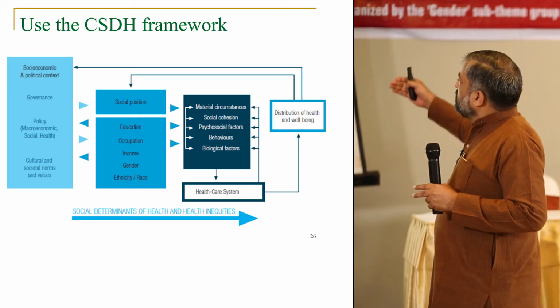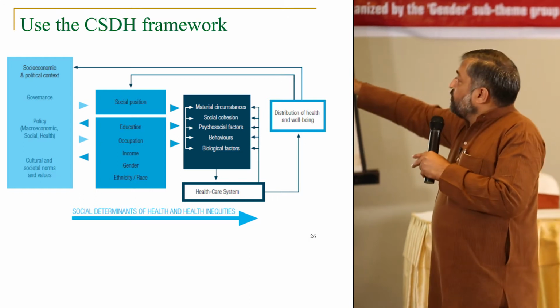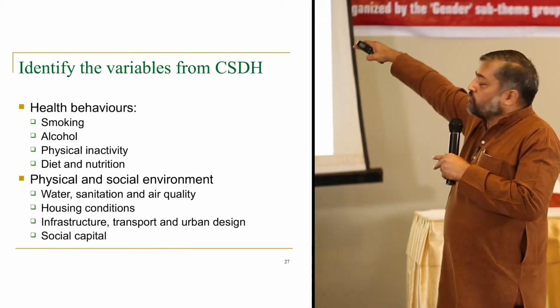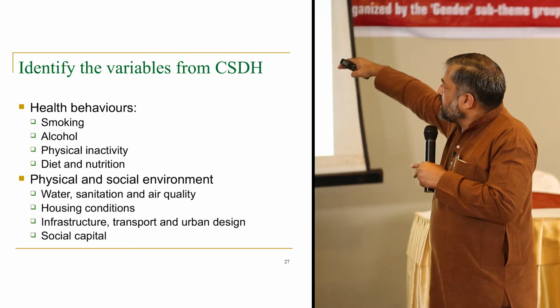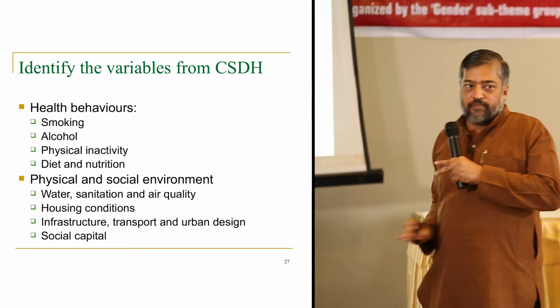Now, in this framework, many people are trying to talk about a story of what the attributes are, and that these attributes give rise to this outcome. This was just put for a referral for myself, but I actually want this kind of thing: you have health behavior outcomes like smoking, alcohol, physical inactivity, diet, nutrition, and you have the physical and social environment.